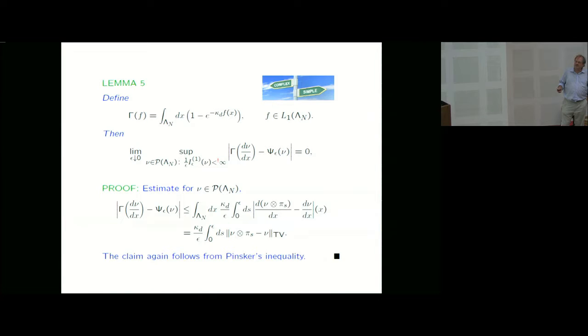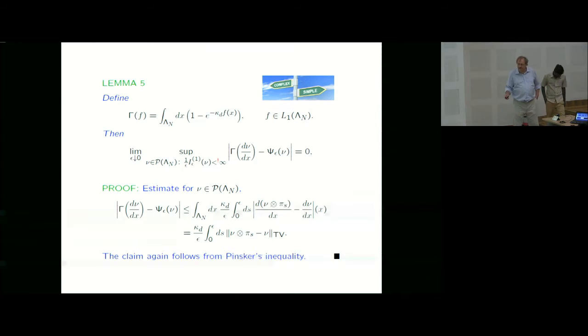If I take a non-negative function, L1 integrable on the torus, and I define this functional here, then this functional of the measure nu is very close to this integral for the function d nu dx.